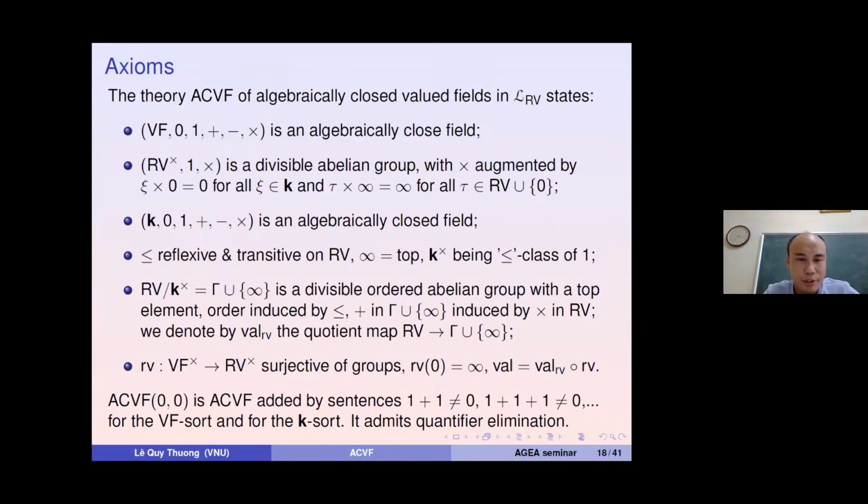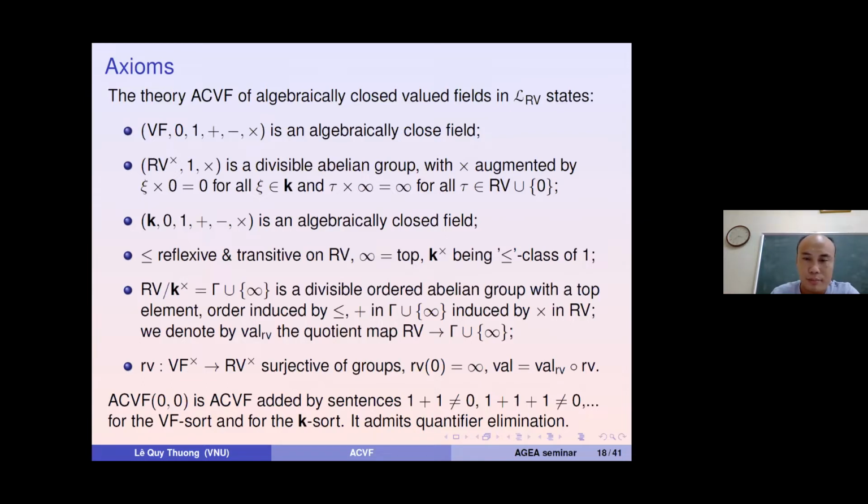In this case we add one more symbol val RV for the function symbol interpreted by the map from RV to gamma union with infinity.